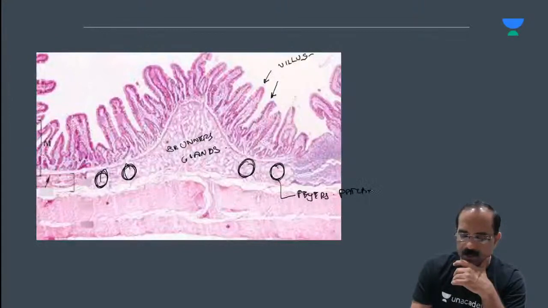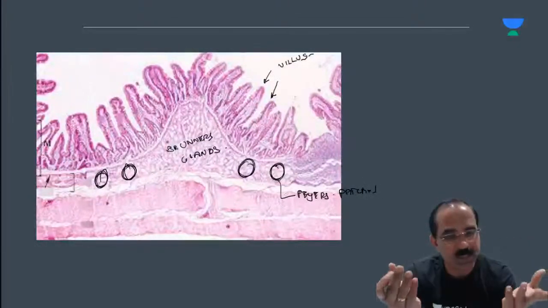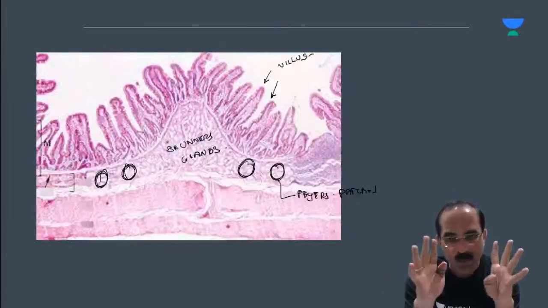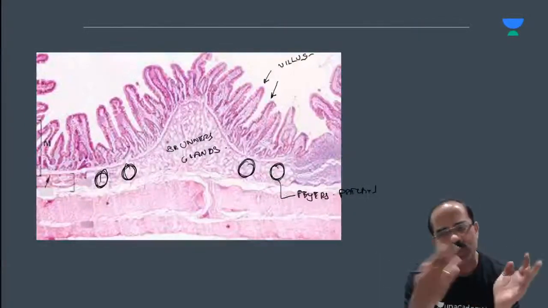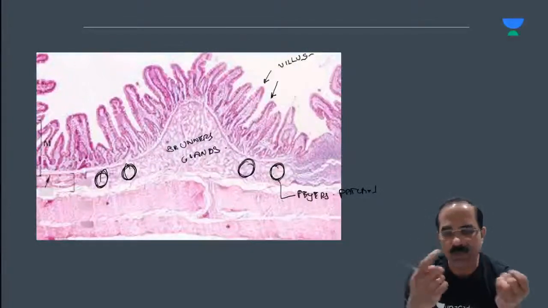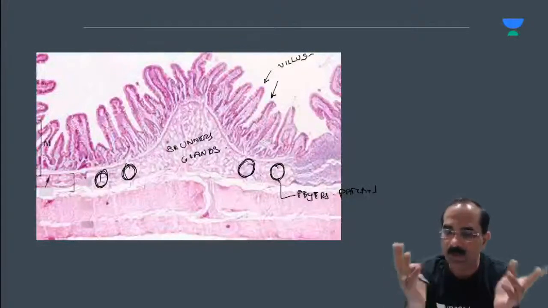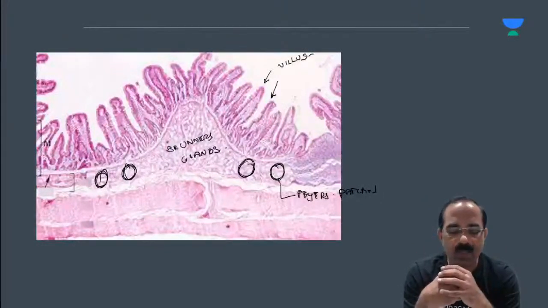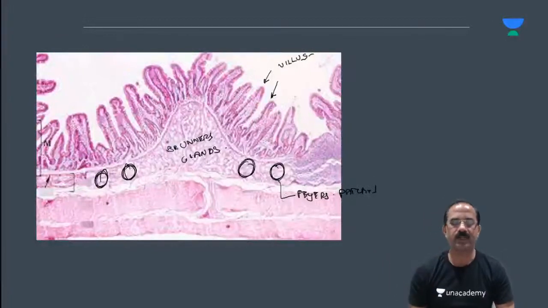So villus with Peyer's patches, that's ileum. Villus with Brunner's glands, that's duodenum. And villus with nothing specific, neither Brunner's glands nor Peyer's patches, that becomes jejunum. Is this clear?